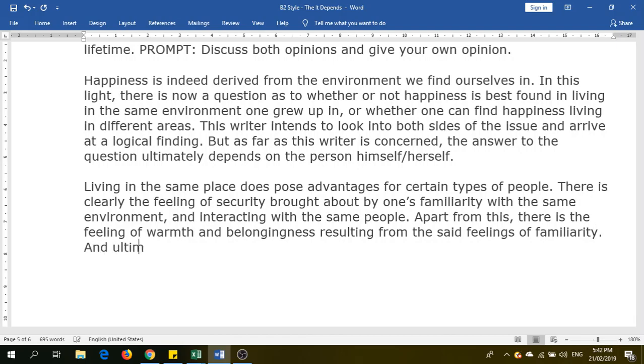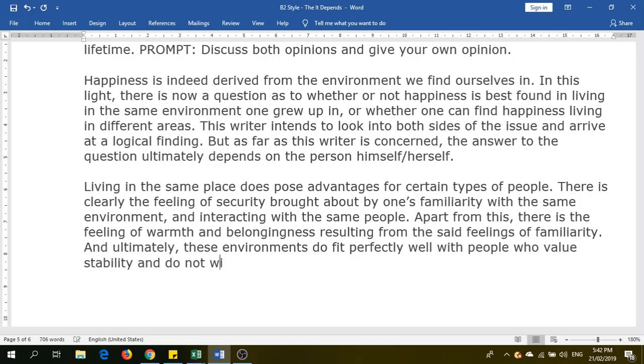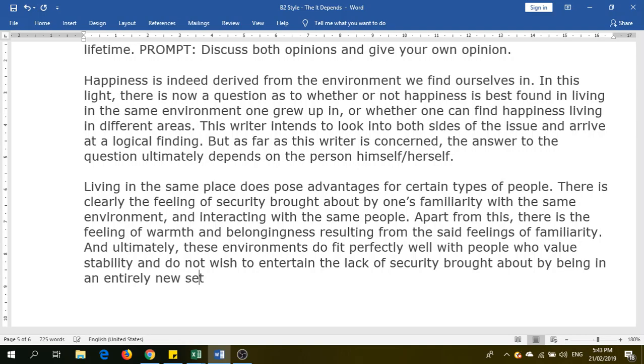And ultimately, these environments do fit perfectly well with people who value stability and do not wish to entertain the lack of security brought about by being in an entirely new setting.